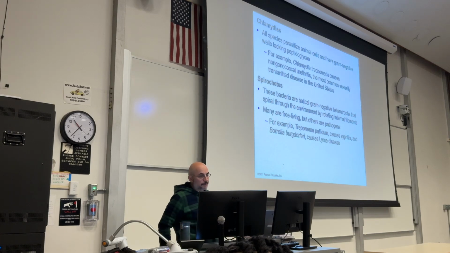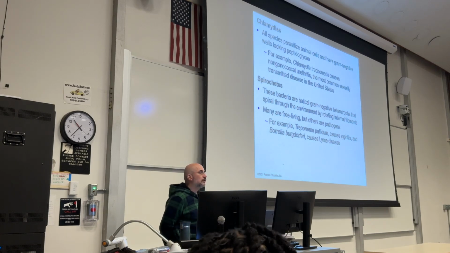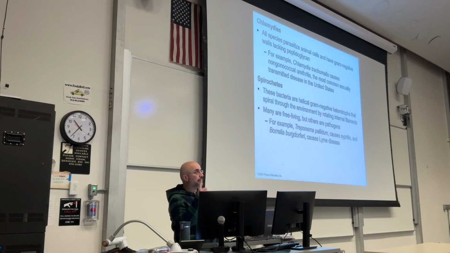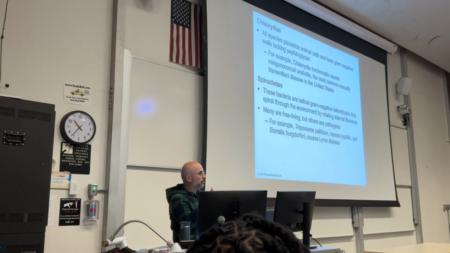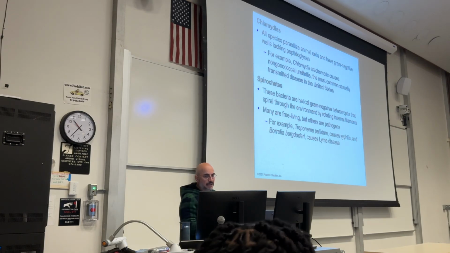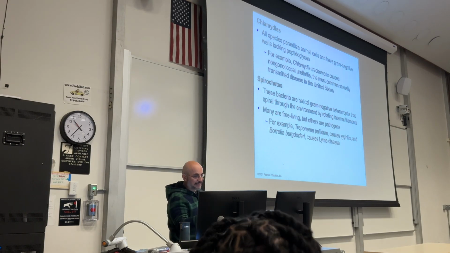Now, the other group is spirochetes. Also gram-negative. They are helical. Remember those general morphological types that we discussed at the beginning of the lecture? So spirochetes are that type of helical shape. They are gram-negative, and we have some examples in there.